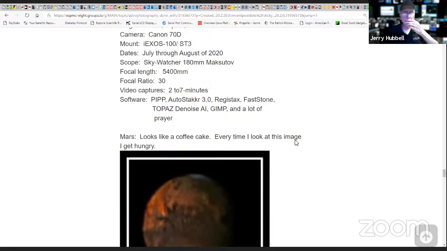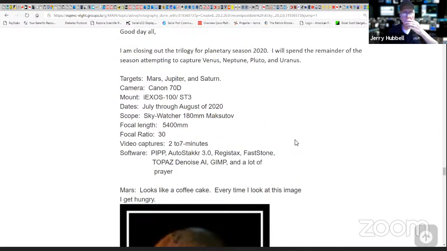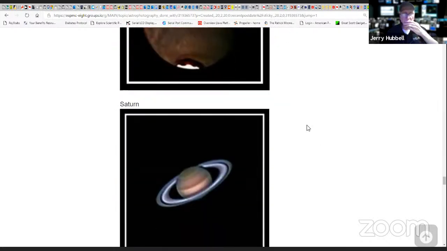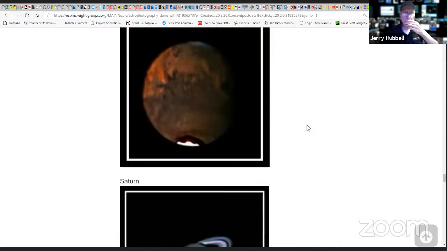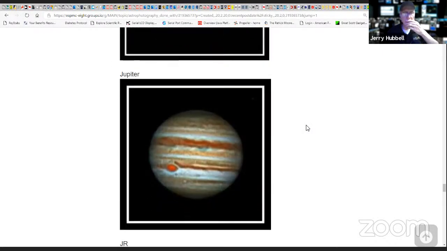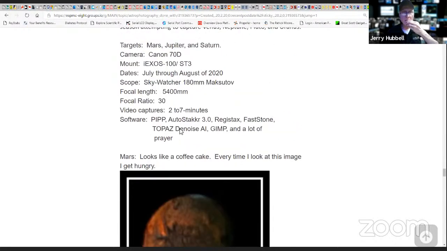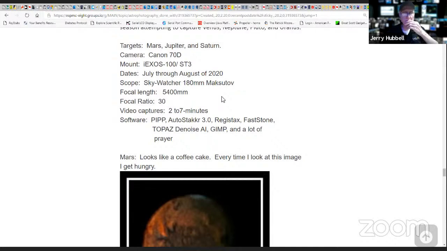Wow. That's Mars. Let's see, Jupiter or Saturn. Looks like a Percival Lowell drawing, and there's lines. Jupiter. Yeah, it does. The way the polar cap looks. So let's see, it's with the IXS 100 and 180 millimeter Maksutov. That's a pretty long focal length.